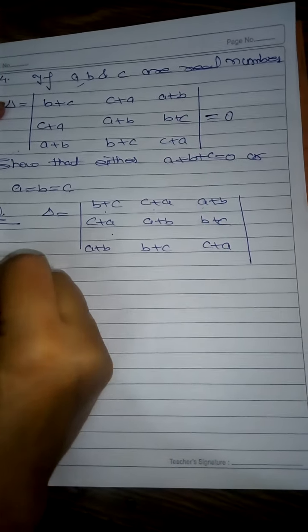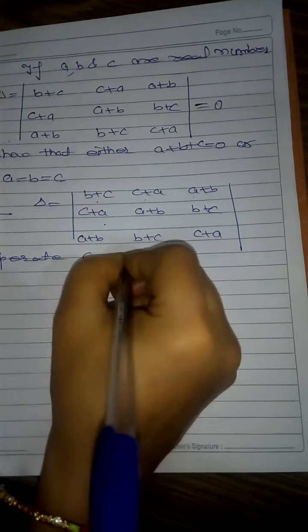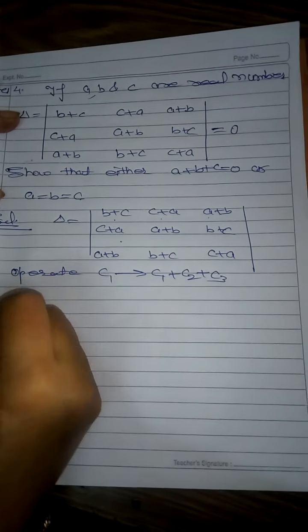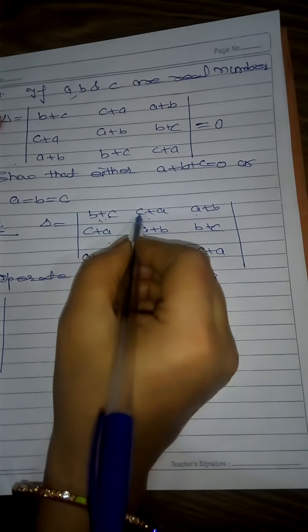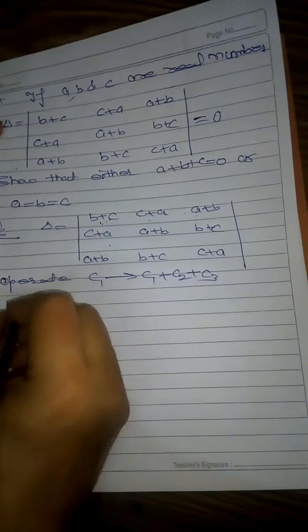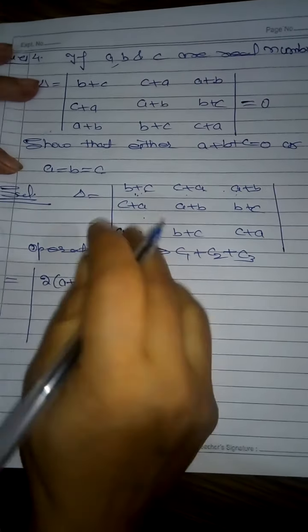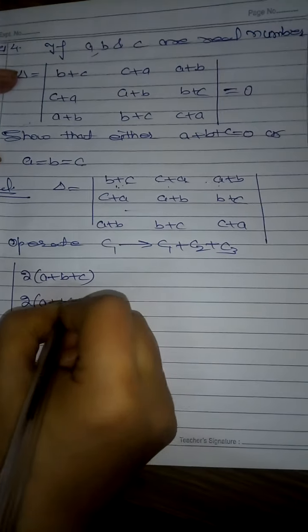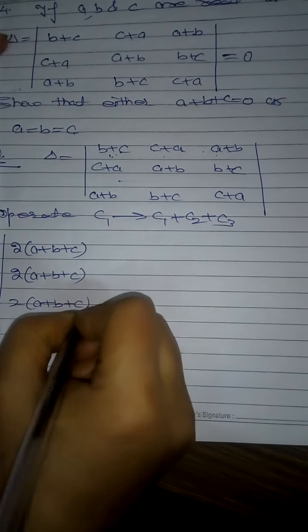So operate C1 tends to C1 plus C2 plus C3. Now apply this one. B plus C plus C plus A plus A plus B, it is coming twice of A plus B plus C. After adding these 3 columns, here also twice of A plus B plus C, twice of A plus B plus C.